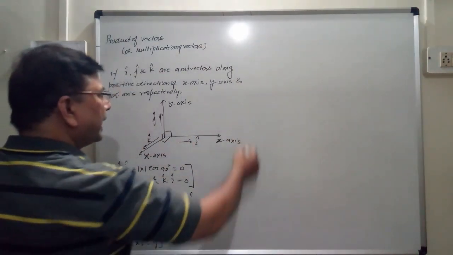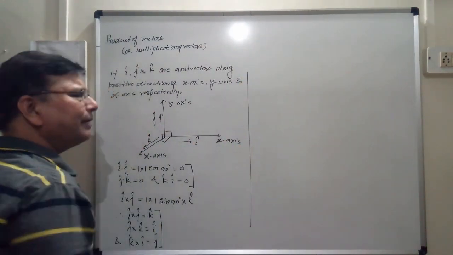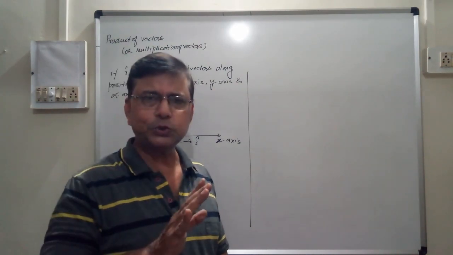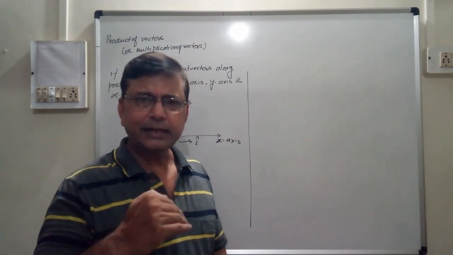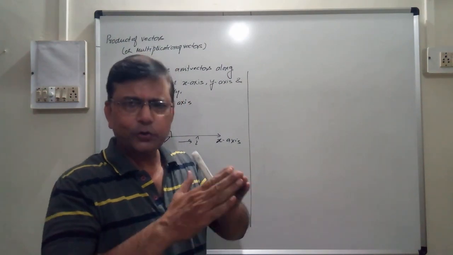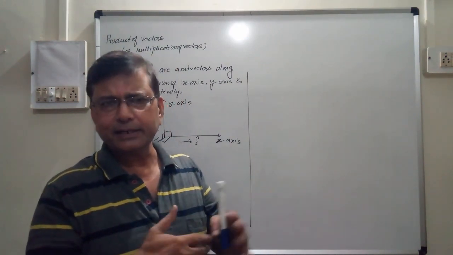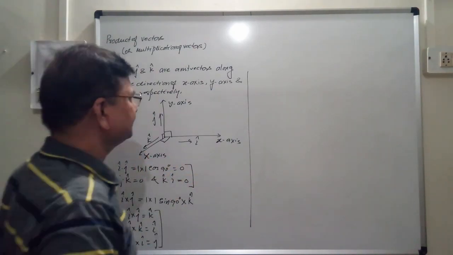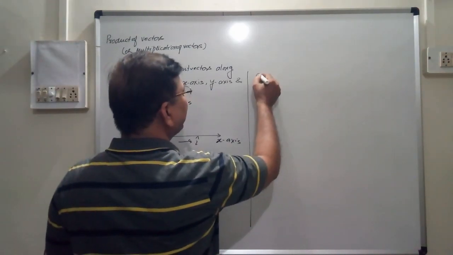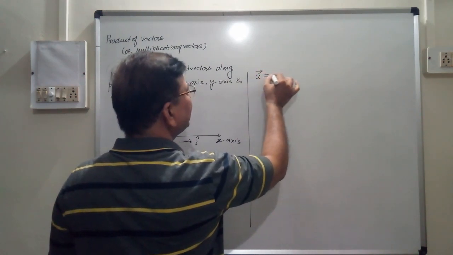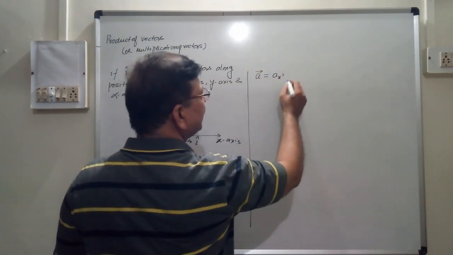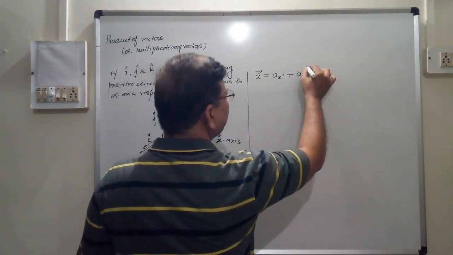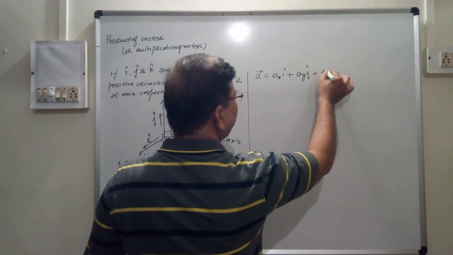Now, any vector can be represented in terms of magnitude of the vector in the direction of, or you may say component of that vector in the direction of X, Y and Z axis. So any vector A can be represented as AXI plus AYJ plus AZK.